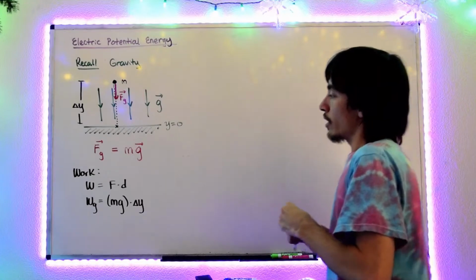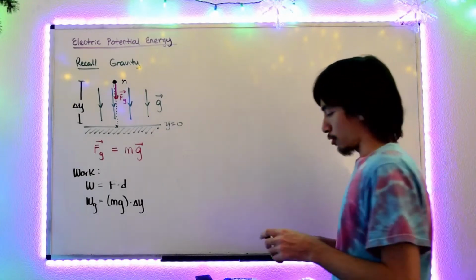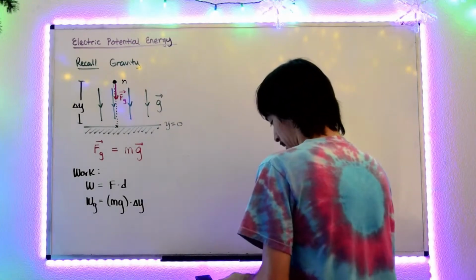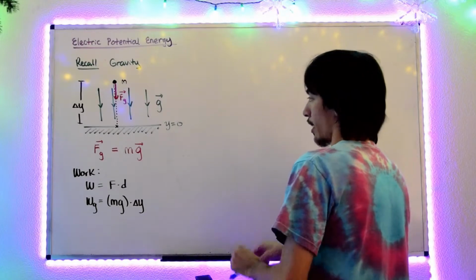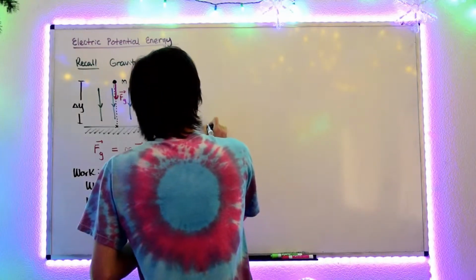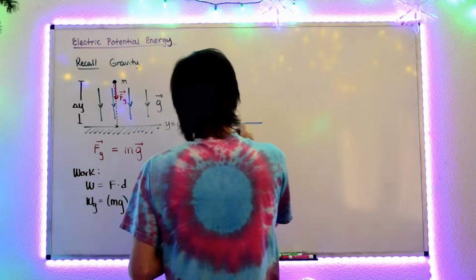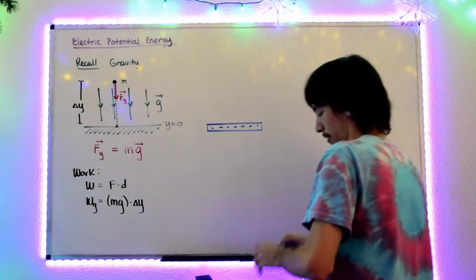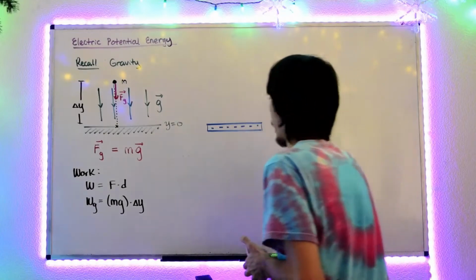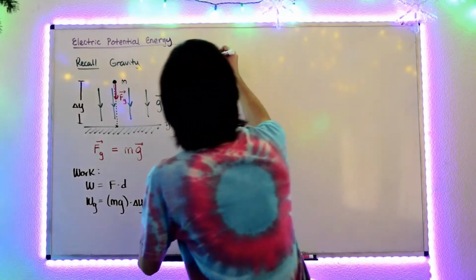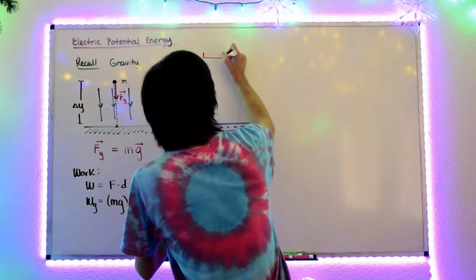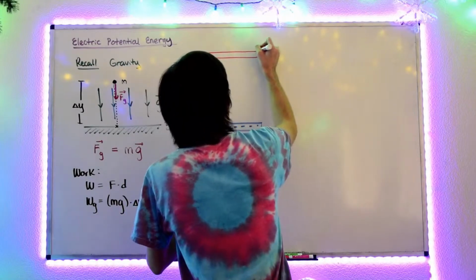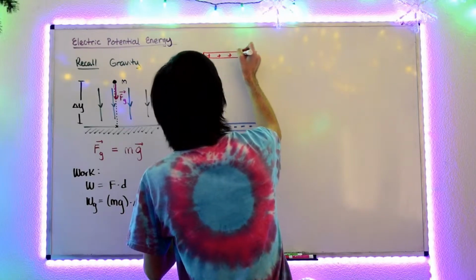So we can use a very similar idea for electricity to understand how that works. So what we're going to do is have, let's say, this area or plate of negative charge. And let's say that we also have this area of positive charge, or another plate here. So this is positively charged.